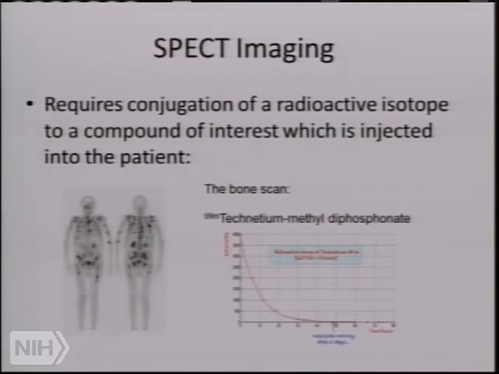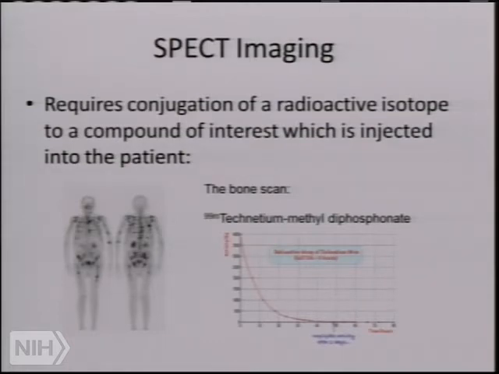And so if you have a patient who's at risk for bone metastases, this technique will localize in areas of metastases. And you can see this image. It looks kind of fuzzy, and we'll get into that in a second. But you can see all these little lesions, and that shows you that this is a biologically active lesion in this patient. So it not only tells you where it is, but it says this is an ongoing active process that can take technetium methyl diphosphonate and incorporate into a lesion.